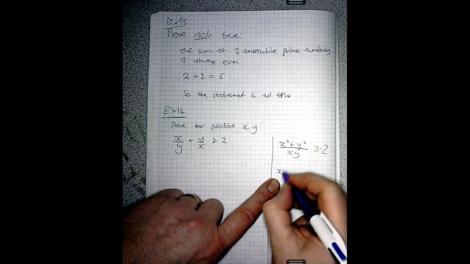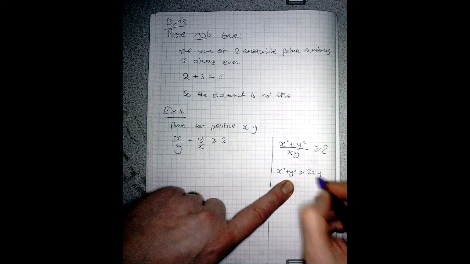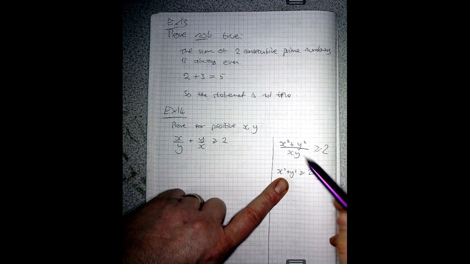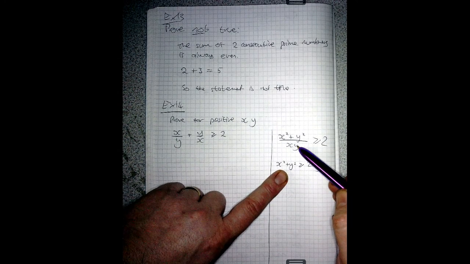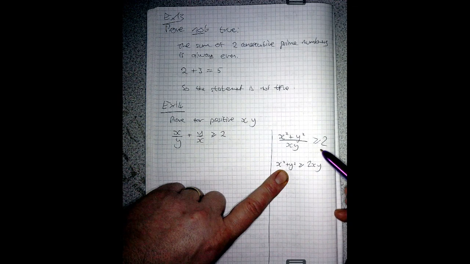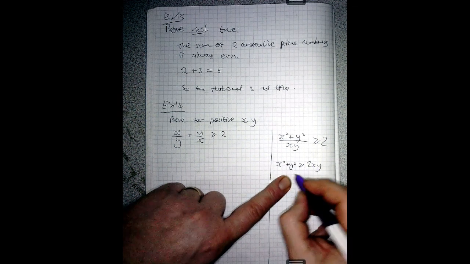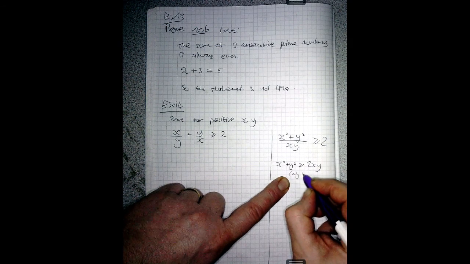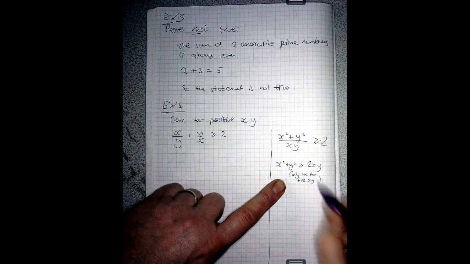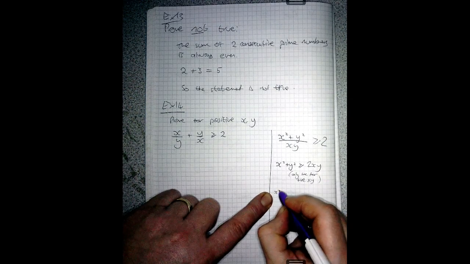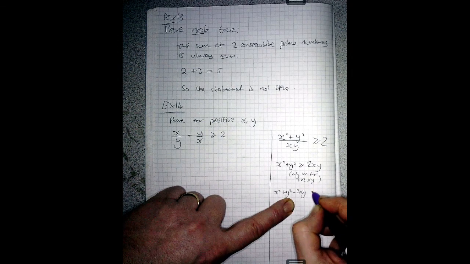If I multiply through, now this is only true because xy is positive. Think back to your inequality work that we've done. If xy were negative, then this would not be true because I'd have to flip that sign round. So this is only true for positive xy. x squared add y squared minus 2xy greater or equal to 0.